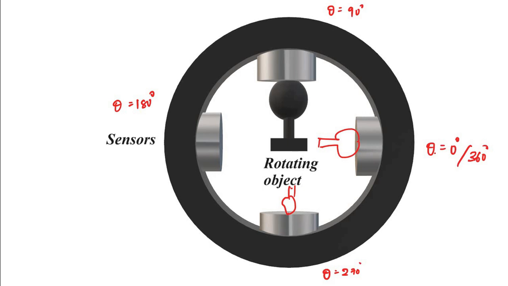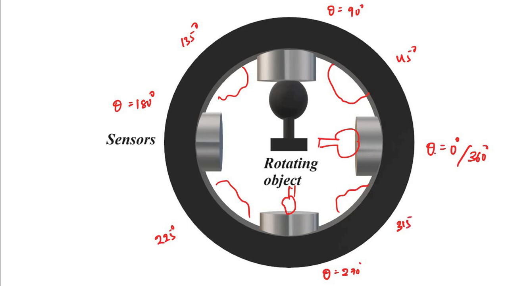And if we want more precise measurements, more data, then we can also put sensors at in-between positions, between these two positions. Okay, 0 degree, then 45 degree, then 135 degree, then 180 degree, then 225 degree, then 270, then 315 degree.